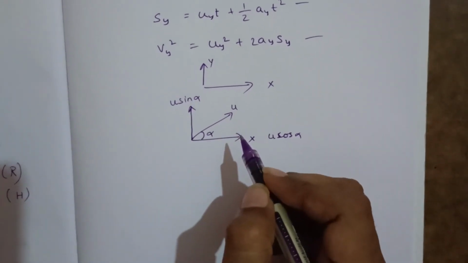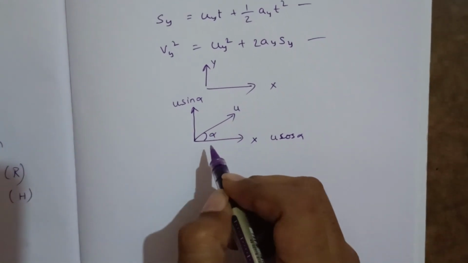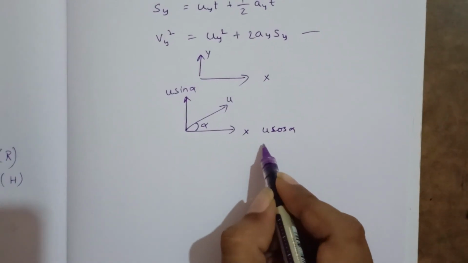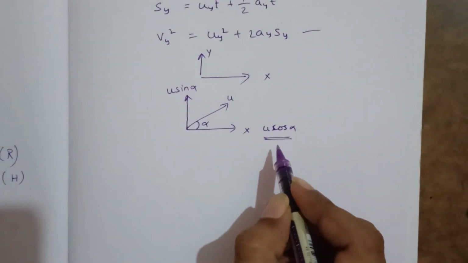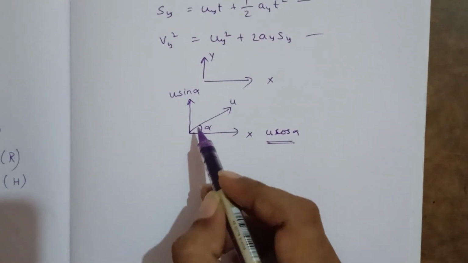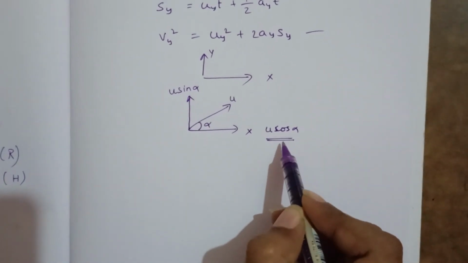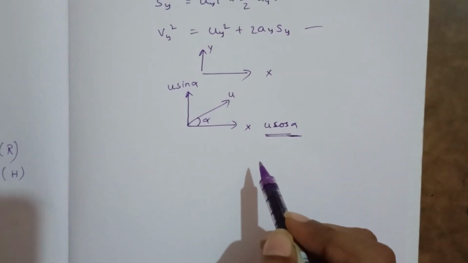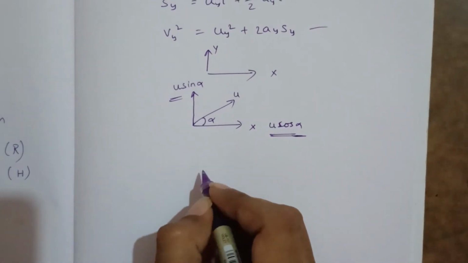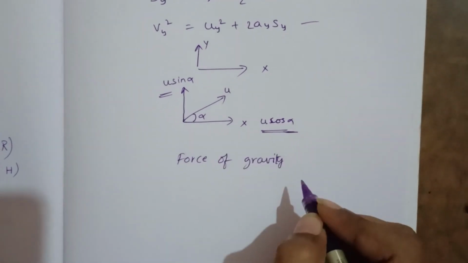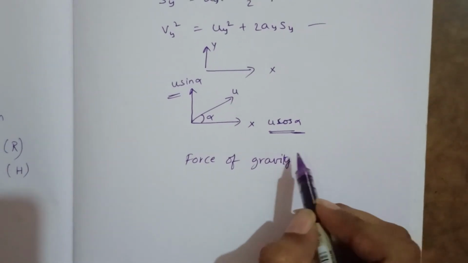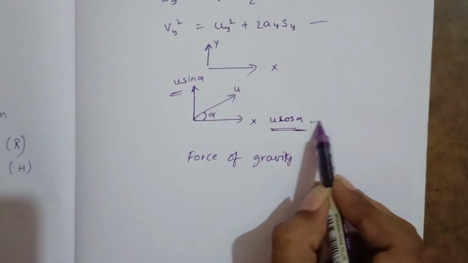The horizontal component remains constant, unchanged throughout the flight, and the y component is continuously affected by the force of gravity. So here horizontal motion is uniform motion.